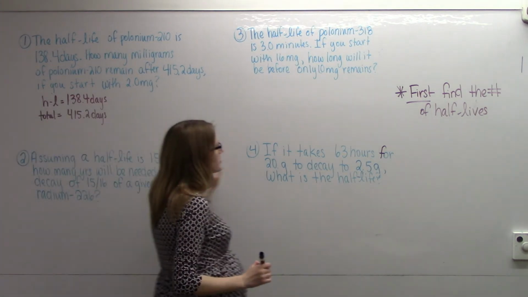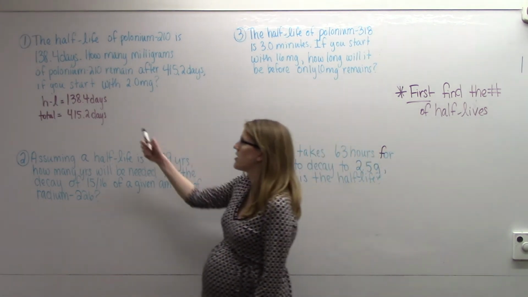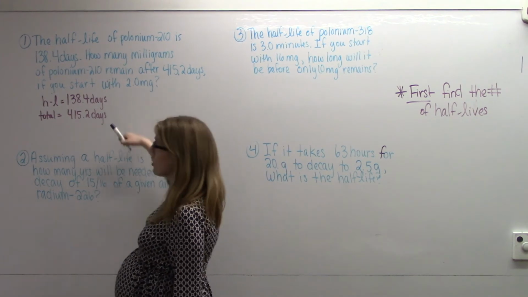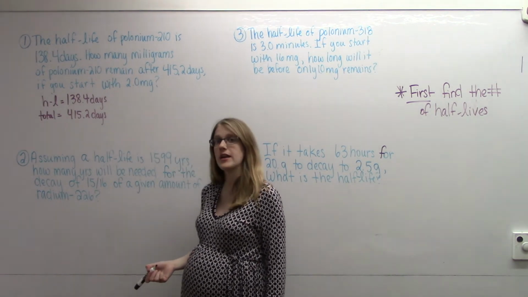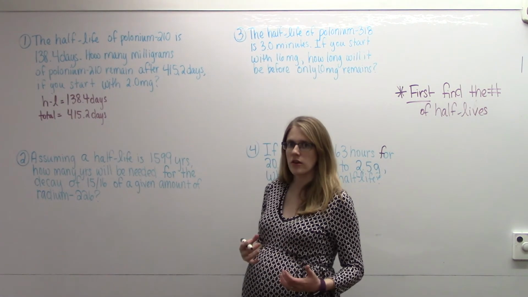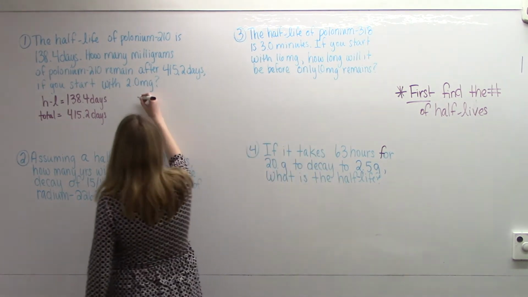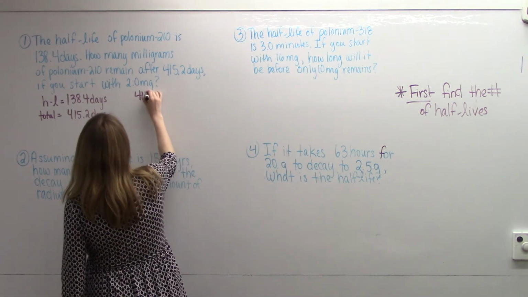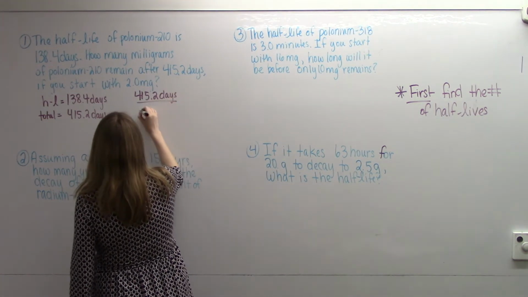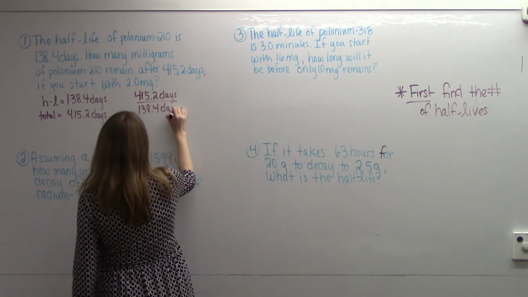I told you the first step is to always find the number of half-lives. If one half-life is 138.4 days, but we've had a total of 415.2 days, how do we figure out the number of half-lives that have occurred? We divide those. If the total is 415.2 days, and each half-life is 138.4 days, we divide them.